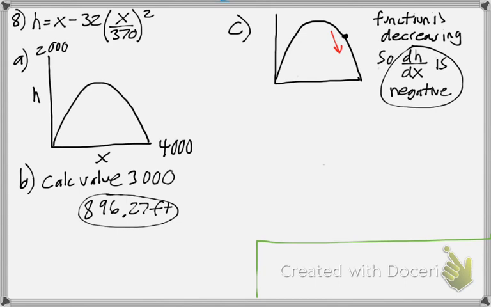For part D, it says calculate dH over dx at 3,000 feet downrange and explain what this number means in practical terms. So we can actually use a new function here that we haven't used before, and that's calc dy over dx. If you go to your calc menu, it's below the intersect command, and it's dy over dx.